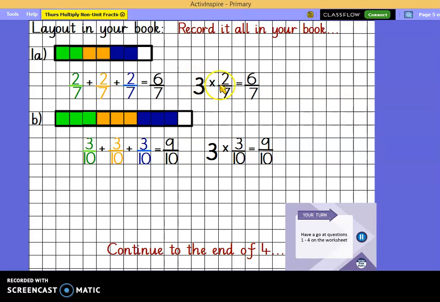And we write that as 3 times 2 7s, which is 6 7s. I've shown you again for 3/10 add 3/10 add 3/10, so you can see what to do. You could pause the video here to help you with your recording and presentation neatly in your book. I'd like you to go all the way to the end of question 4, please, by pausing the video, and then when you've finished at the end of 4, come back to me.